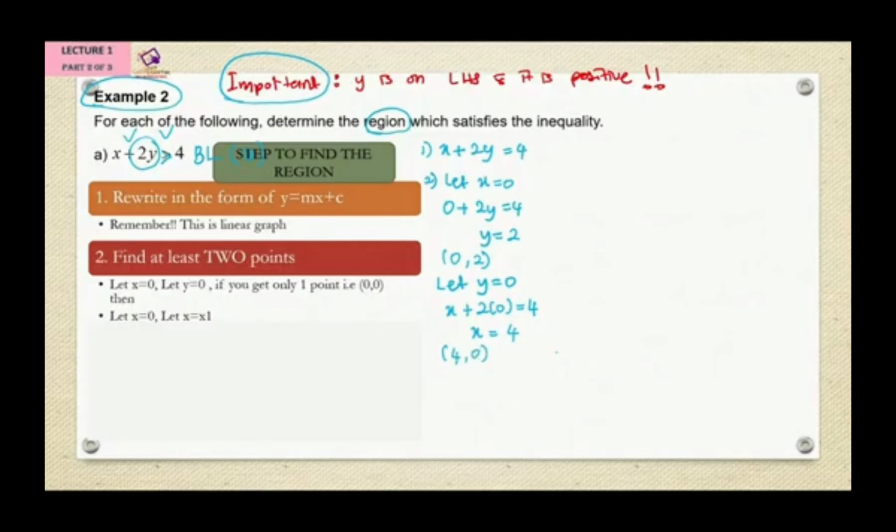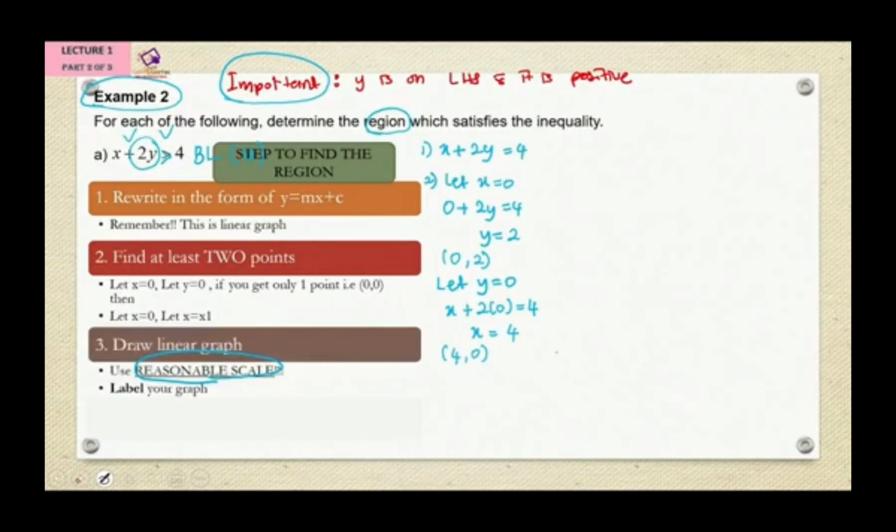Okay, student? Then, the third step, we need to draw the linear graph. Student, please remember, in order to ensure that your graph is good and makes sense, we must use a reasonable scale. I'm sure you know how to choose a reasonable scale to draw your graph, right? Plus, a good graph must cover three quarters of your graph paper, and then you should label your graph.